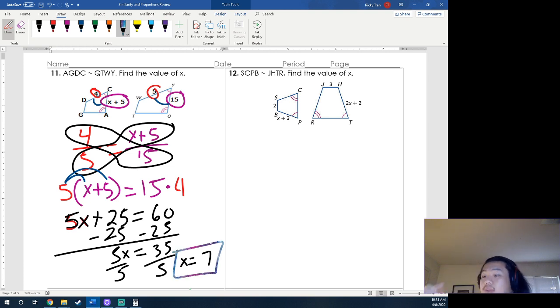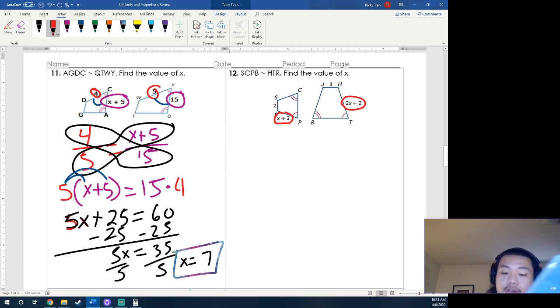Okay, let's keep going. We got to set it up again. Take a look. We have this side here, which is going to match with this side here. I should correct that. It should start with HT. This should be HTRJ.